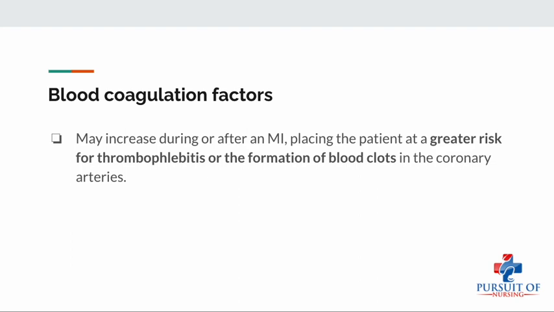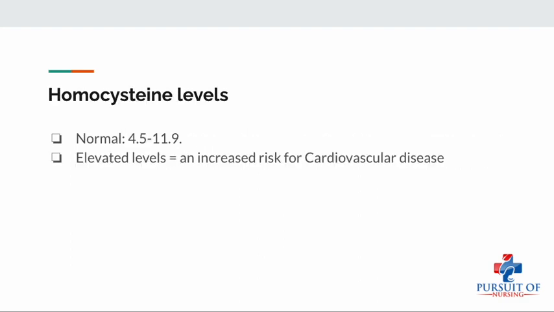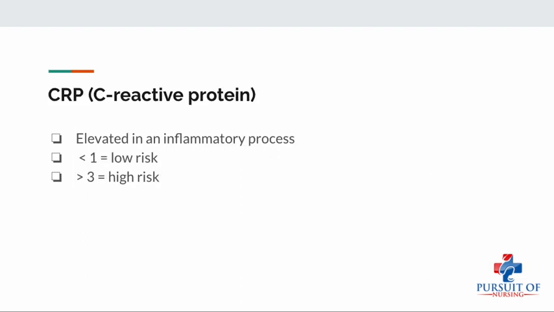That's what places the patient at a greater risk for thrombophlebitis or the formation of blood clots in the coronary arteries. Homocysteine levels: normal homocysteine levels are 4.5 to 11.9. Elevated levels equal an increased risk for cardiovascular disease. So if those homocysteine levels are elevated, you're at an increased risk for a cardiovascular event.